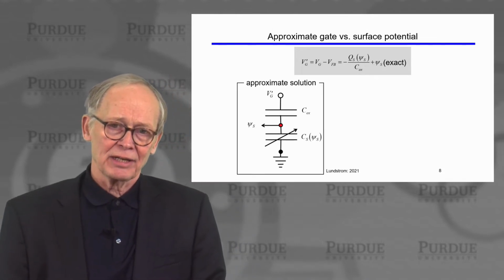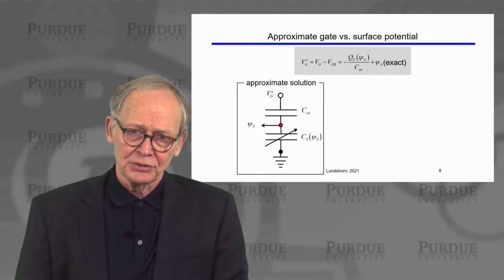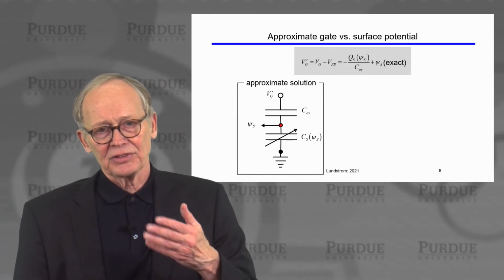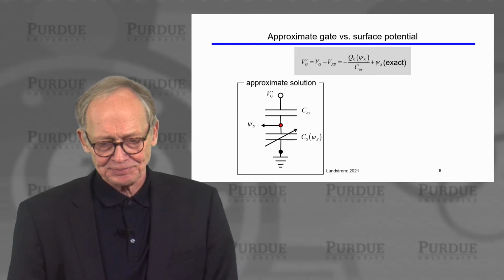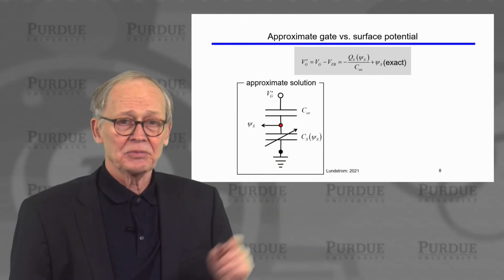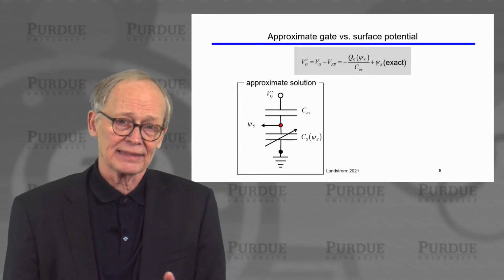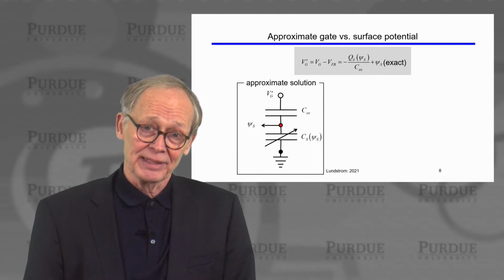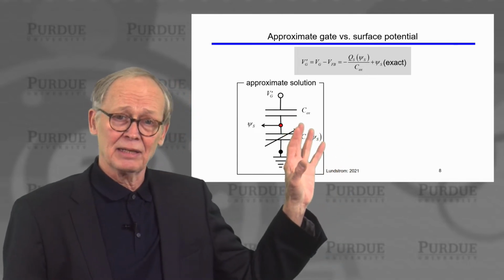We also talked about an approximate way to deduce the surface potential from the gate voltage by thinking of this system as two capacitors in series. It's an oxide capacitance and a semiconductor or depletion capacitance if we're in depletion. That depletion capacitance is voltage dependent, so this is really a little bit complicated.